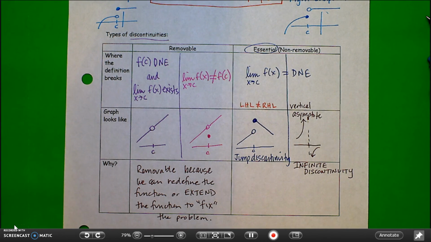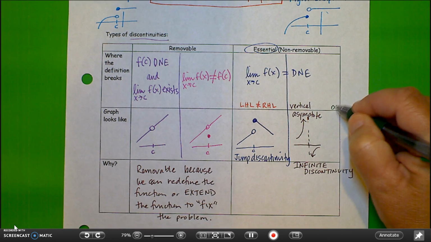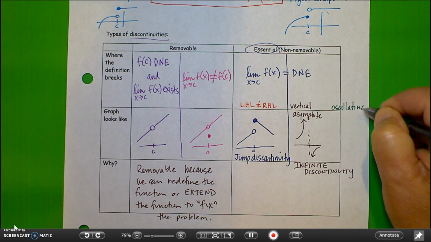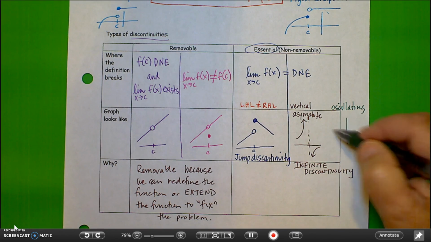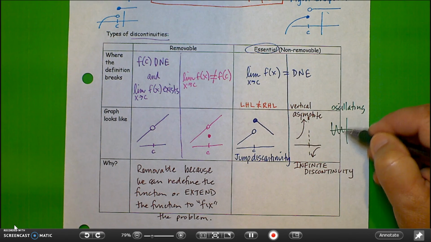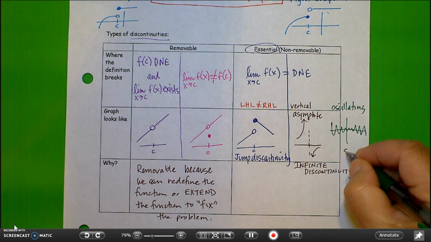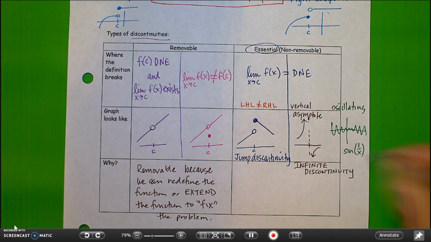There is one other time that we would see this kind of non-removable discontinuity, when we have oscillating functions. This would be like sine of 1 over x, where it just oscillates back and forth rapidly. That is non-removable too.